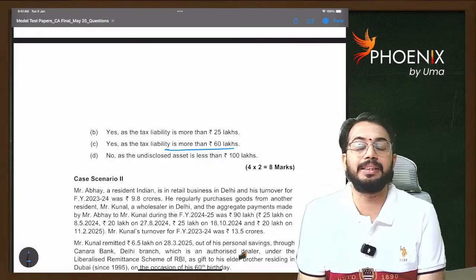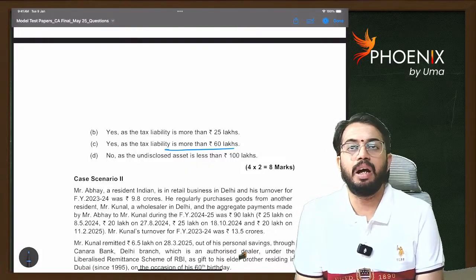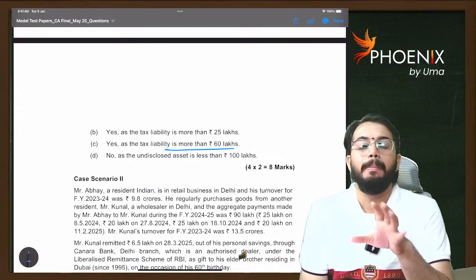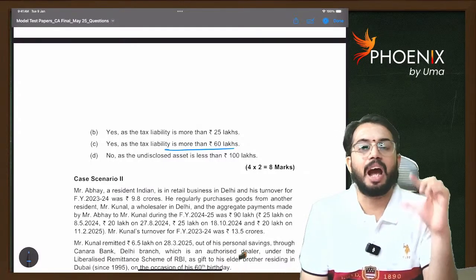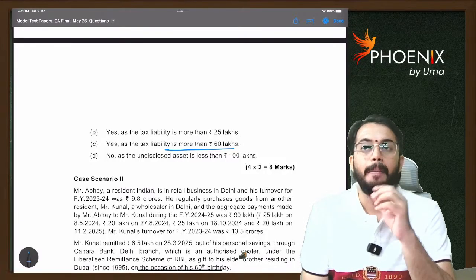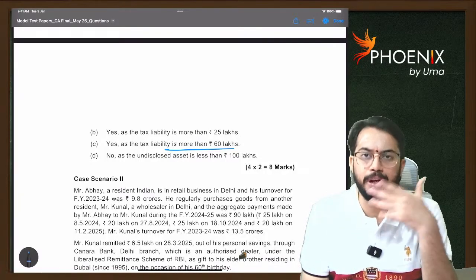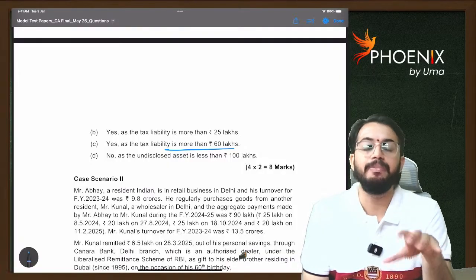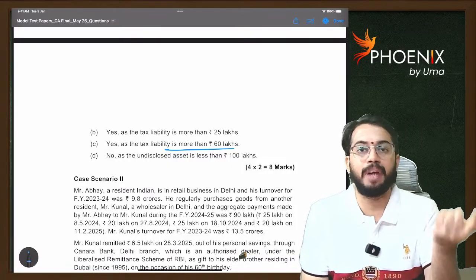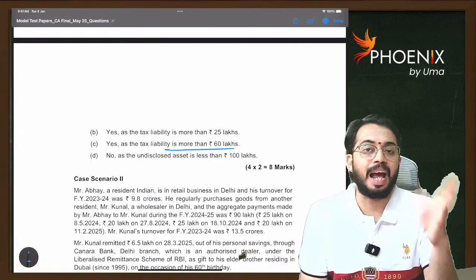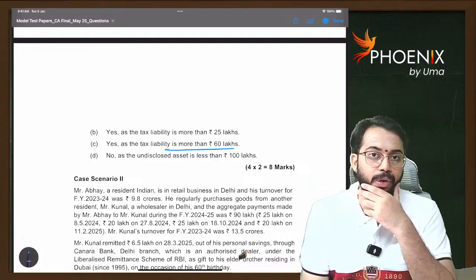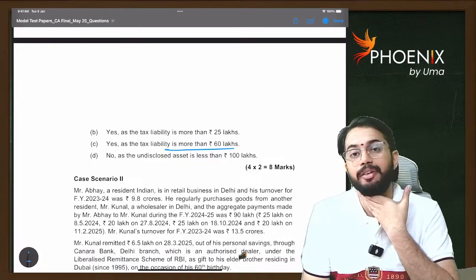We have discussed. See, there was one circular which came in 24-25. Before that circular, limits were ITAT 50 lakhs, High Court 1 crore, Supreme Court 2 crores. I think it came in September 2024. As per that circular, limits are revised. If department wants to file appeal to ITAT, tax liability should be more than 60 lakhs. For High Court, tax liability should be more than 2 crores.